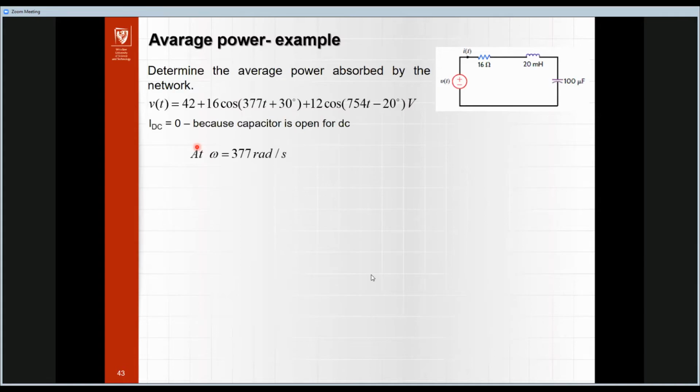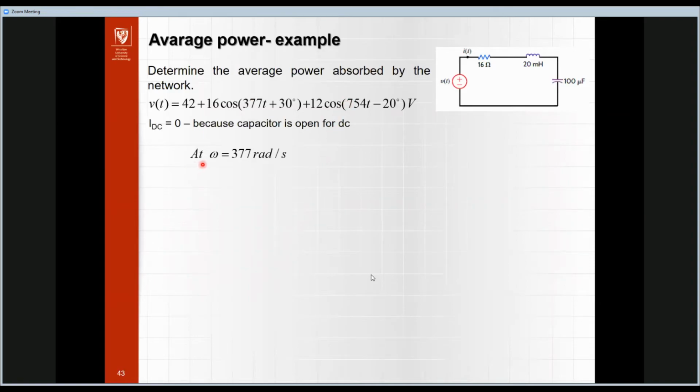Okay, and now we examine this circuit for the first value of omega. We have here omega equal to 377 and harmonics of this omega, and the second harmonic of this.